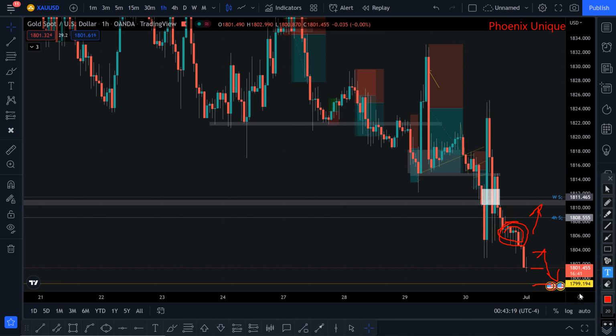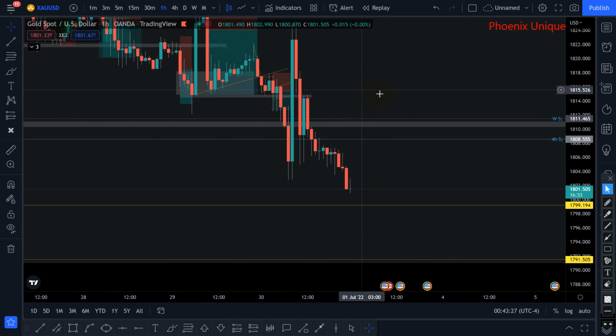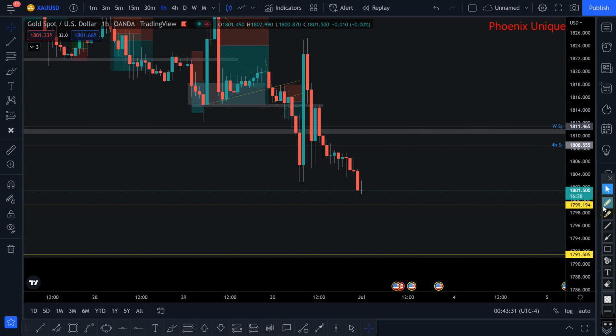Let me shift this here. If not, in general, we're in seller's territory. So what I'm looking at is just this simple concept of price could retrace, drop. This is scenario 1, or just continue dropping.